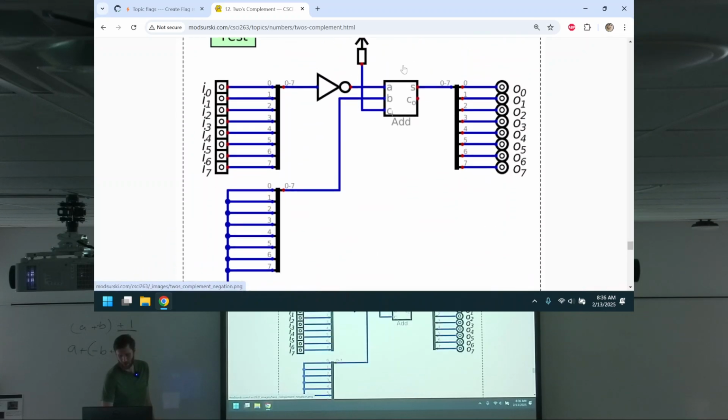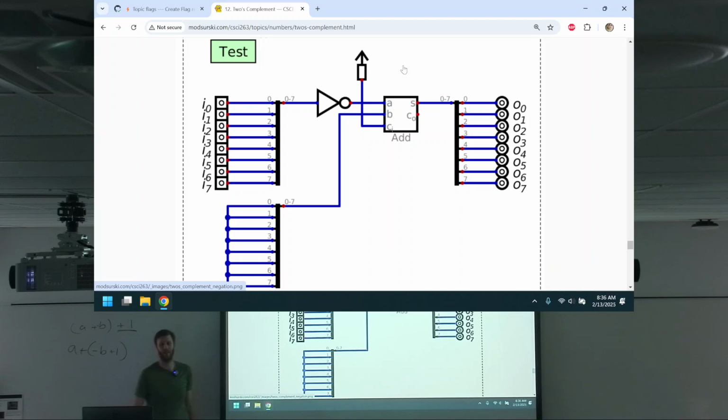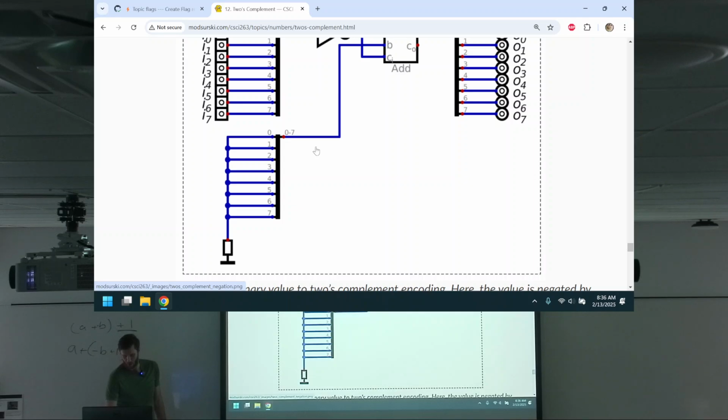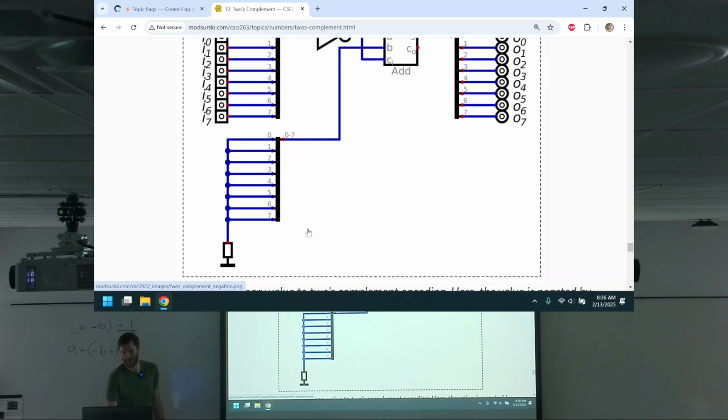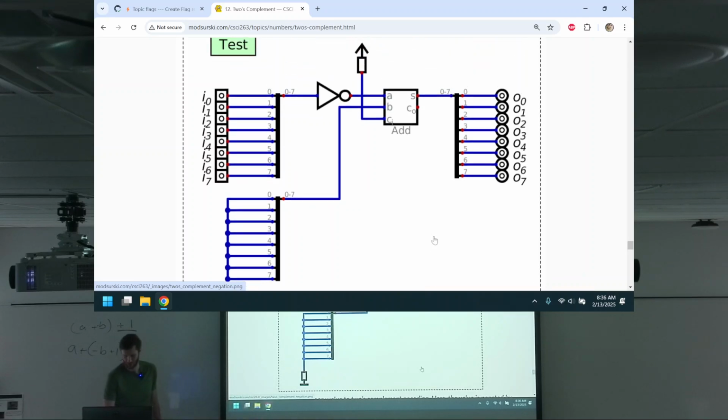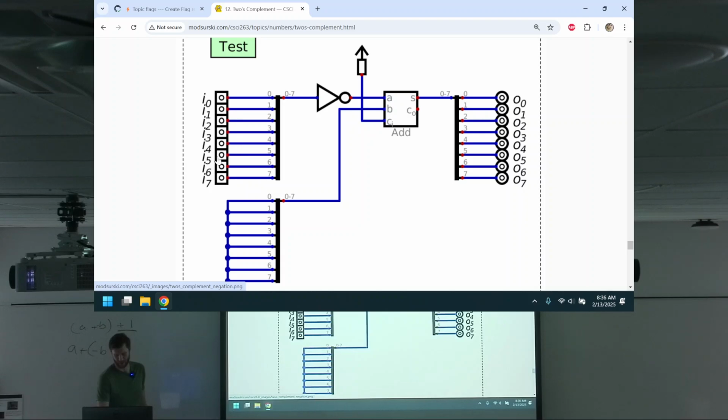So if I've got my positive number that I want to negate, it really depends on my configuration here. I could have done it in multiple ways. But what is B? When you look at this, who can tell me what B is based on this configuration? We saw this near the beginning of the semester, so you might not quite remember. This is some bit pattern based on the inputs.